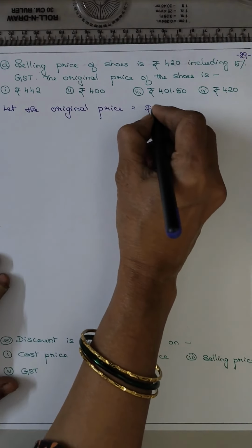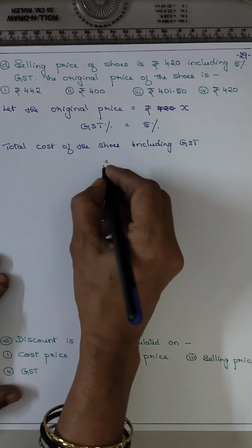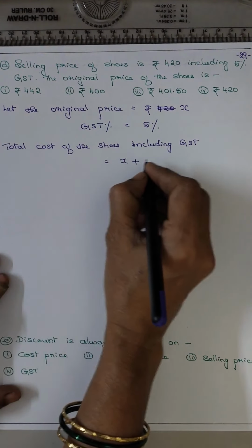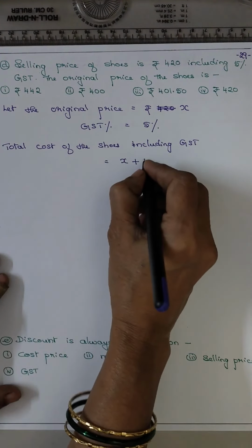So total cost of the shoes including GST will be how much? Original it is X plus 5% of X. Yes or no?